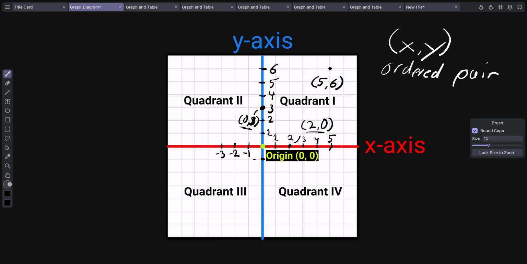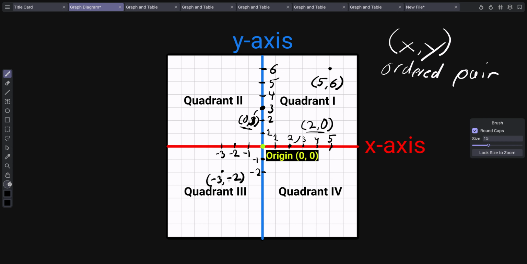This would be -1, -2, and we'll stop here. So we'll go 3 steps to the left and then 2 steps down, we mark off this point. Well, this point would be -3, -2.